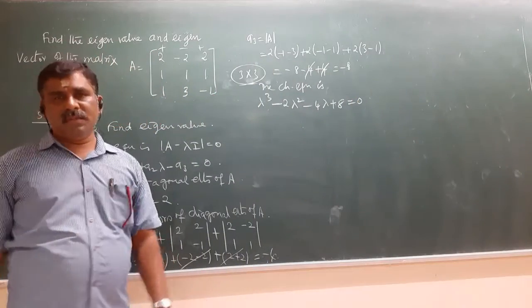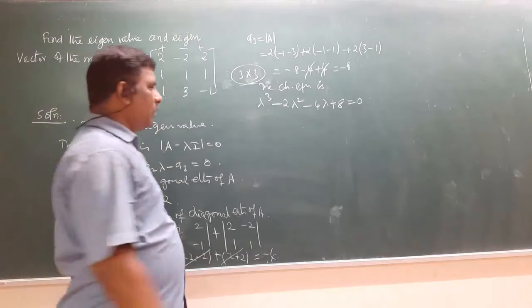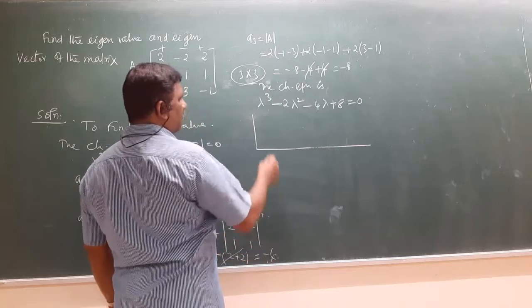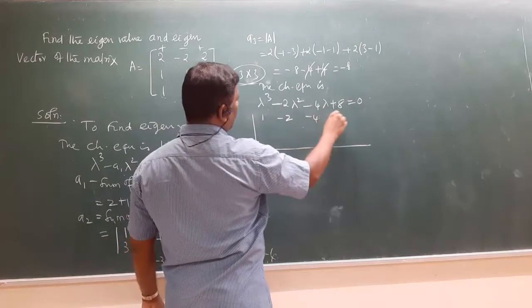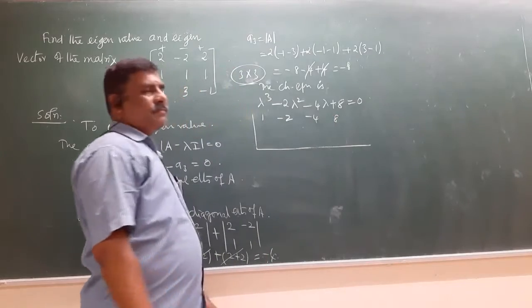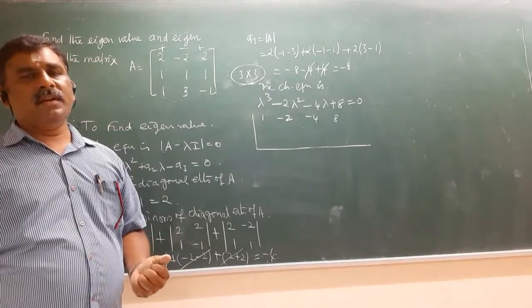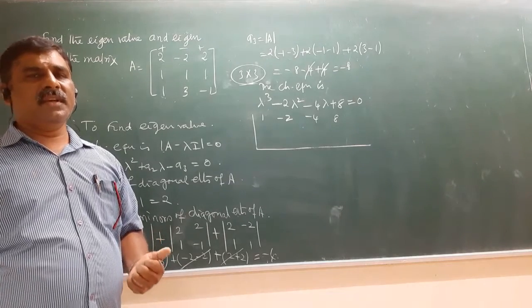Next, we have to solve this. How to solve this one? By the synthetic division method. For the synthetic division method, you have to write the coefficients 1, minus 2, minus 4, plus 8. In the last class, I clearly explained how to find the root of the cubic equation through the synthetic division method.